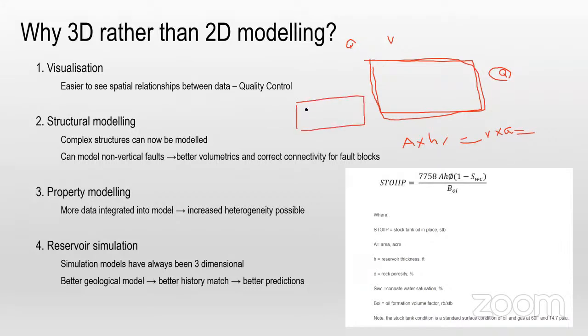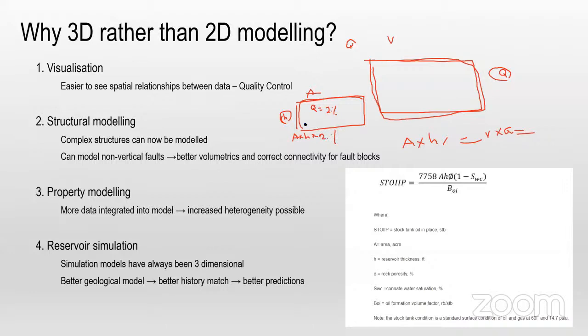For example, I have the area is the same, you have the isopach map is the same, but how about the phi, the porosity? In the 2D, when you want to calculate that, you just roughly say that in this reservoir we have 20% porosity. So the calculation is based on A times h times phi, okay, 20%.